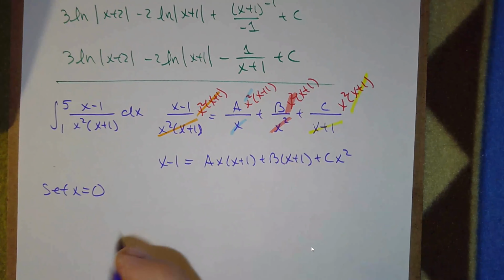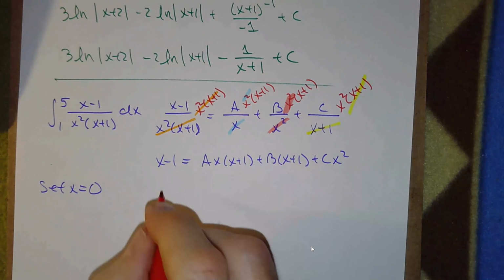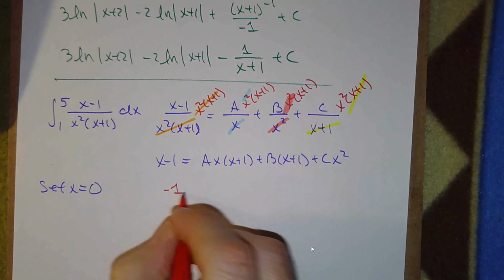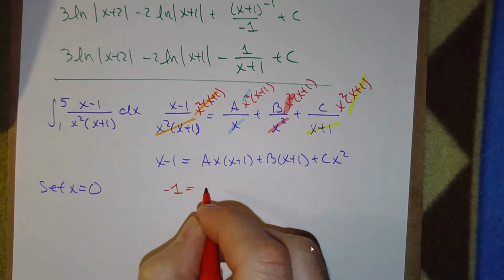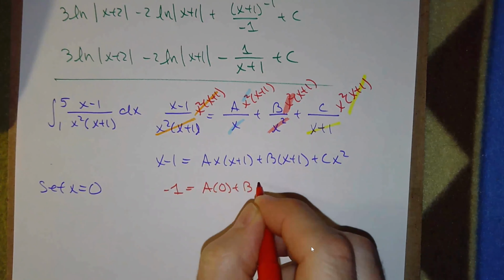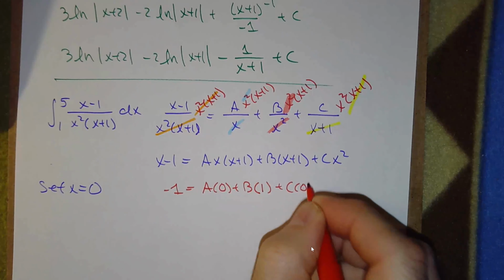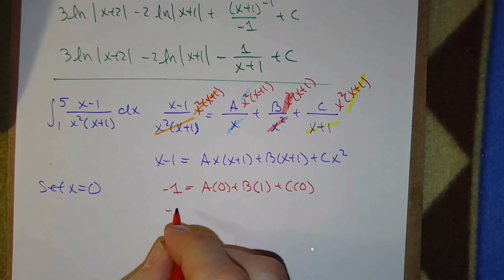So if I set x equal to 0, that's going to give me 0 minus 1 would be negative 1 equals a times 0 plus b times 1 plus c times 0. In other words, negative 1 equals b.